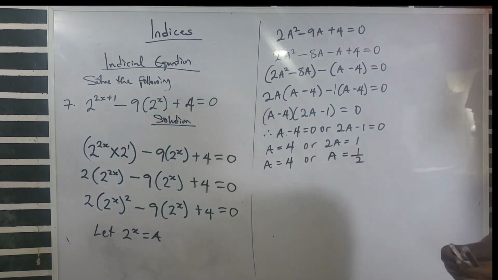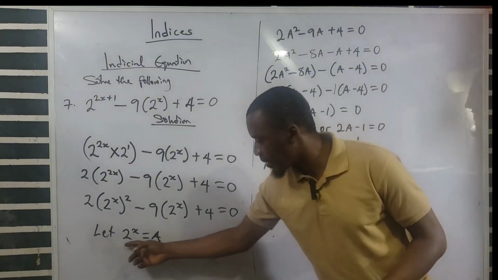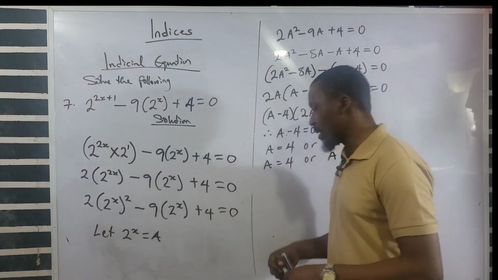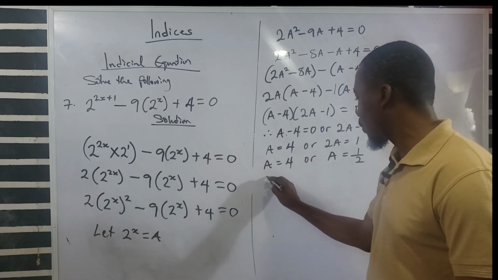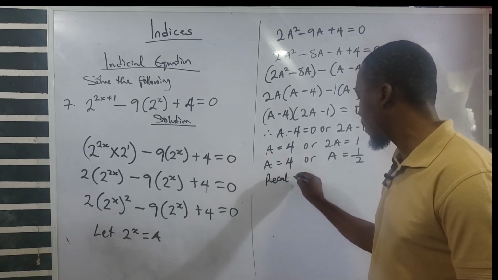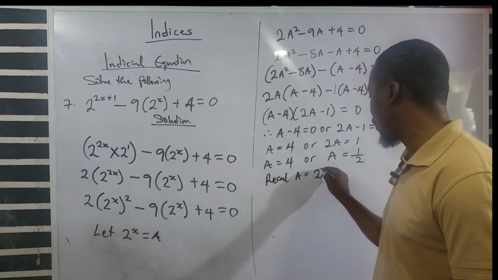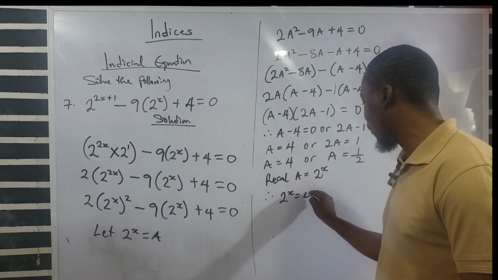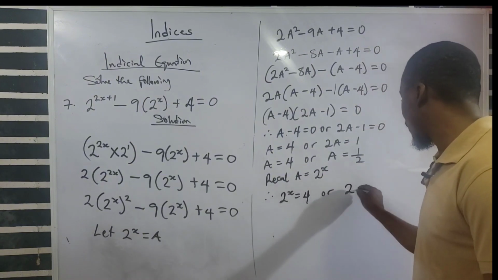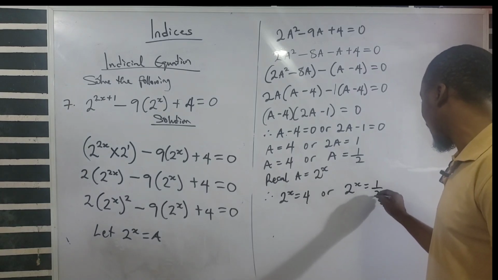So we are not done. We have just gotten a, but remember, a is the same thing as what? 2^x. So let's put back our a. So recall that a equals 2^x. Therefore, 2^x equals 4, or 2^x equals 1 over 2.